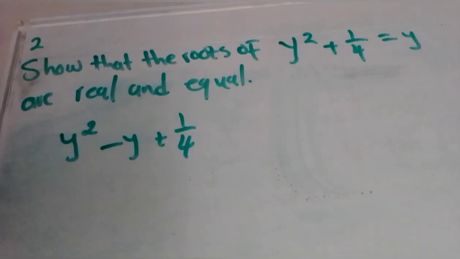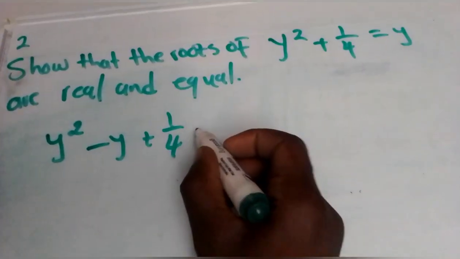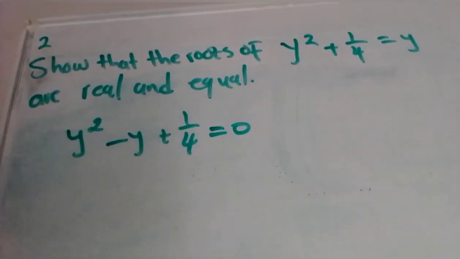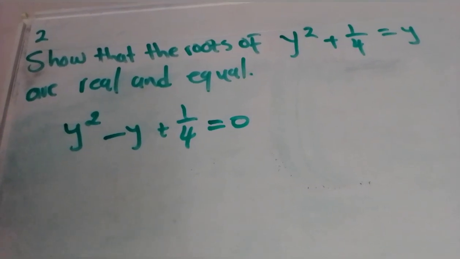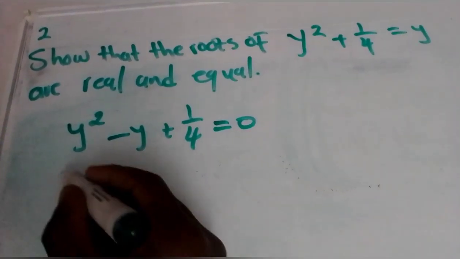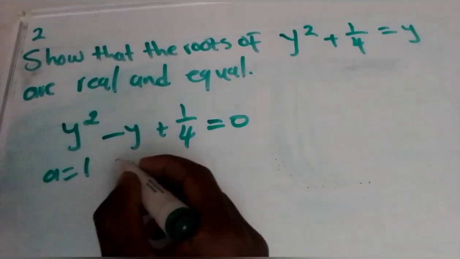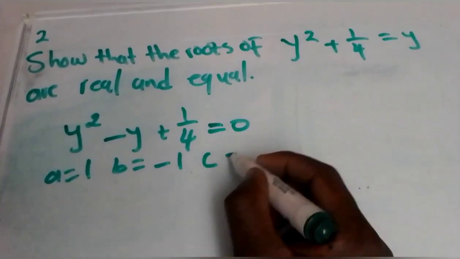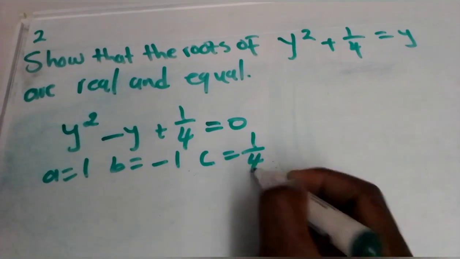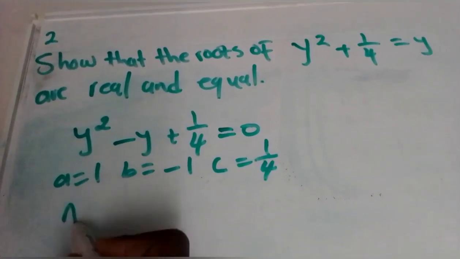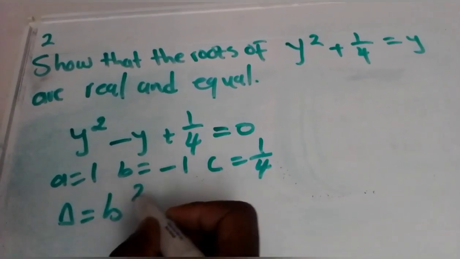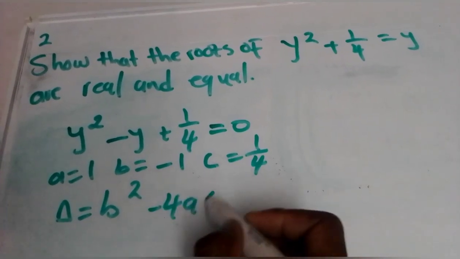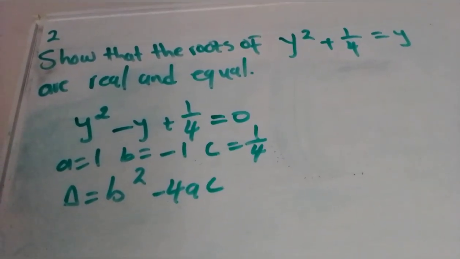Before we do anything, let us check what we are instructed to do. They say real and equal. We go to our notes, and real and equal means we equate to 0. Let's check our coefficients: a is 1, b is minus 1, and c is 1 over 4. Let's write our formula, b squared minus 4ac, and substitute what we have.